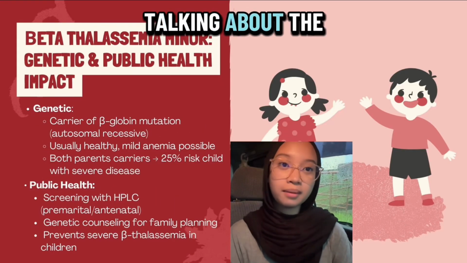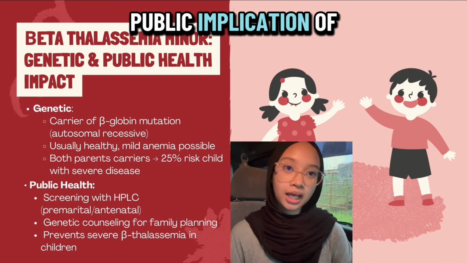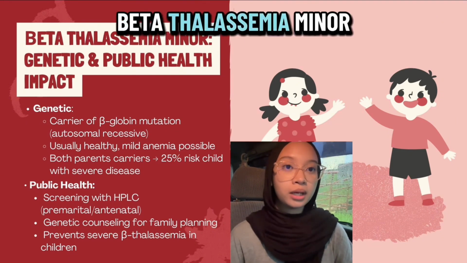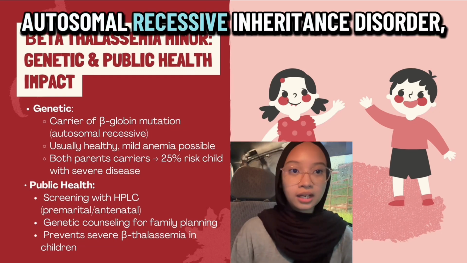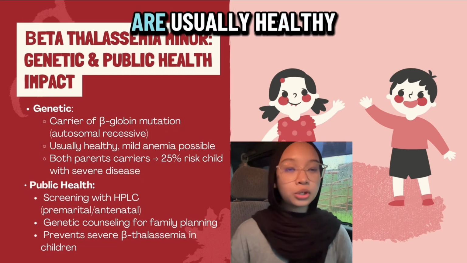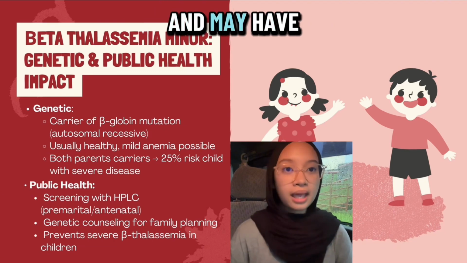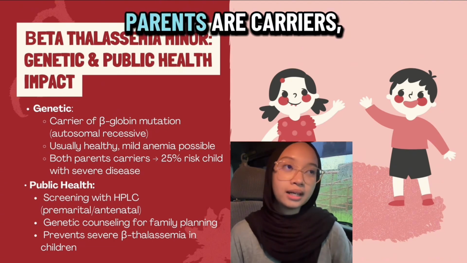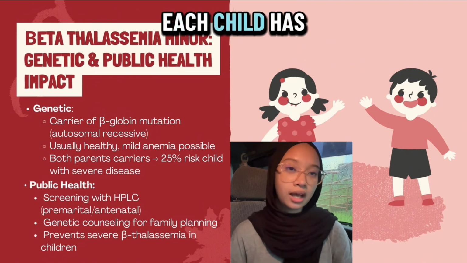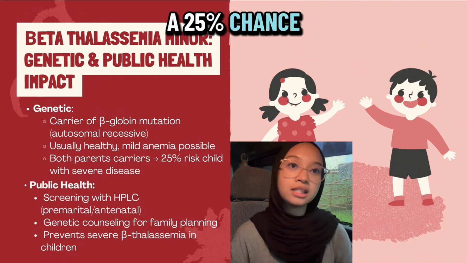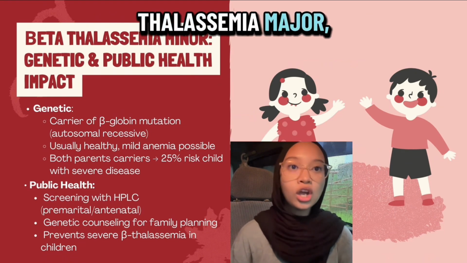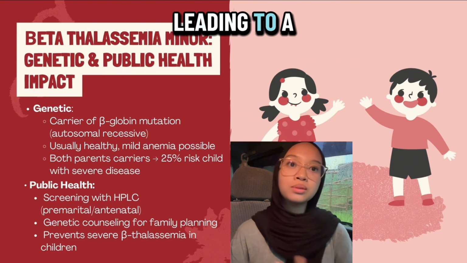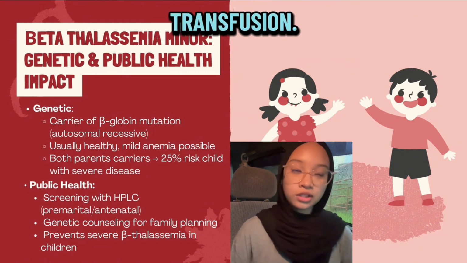Next, I will be talking about the genetic and public health implications of beta thalassemia minor trait. Generally, beta thalassemia minor trait is an autosomal recessive inherited disorder, which means carriers are usually healthy and asymptomatic and may have mild anemia. But the key concern is, if both parents are carriers, each child has a 25% chance of having beta thalassemia major, which is a severe anemia disorder leading to a lifelong need for transfusion.